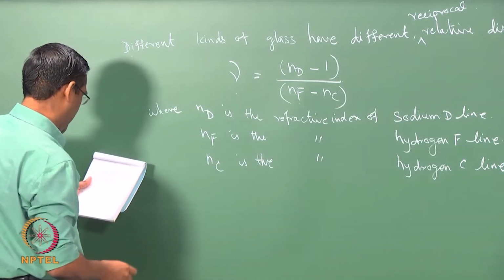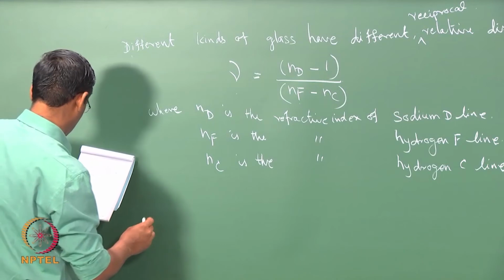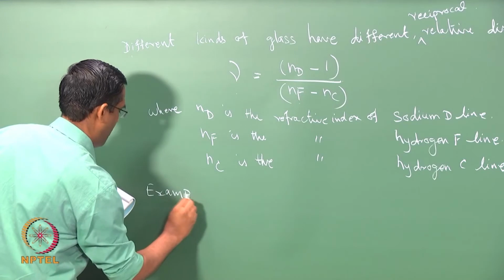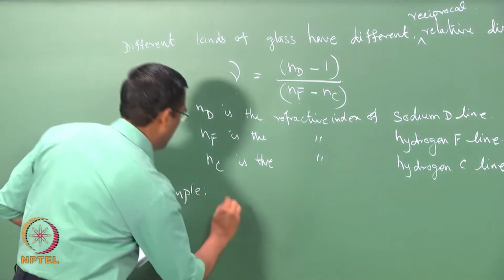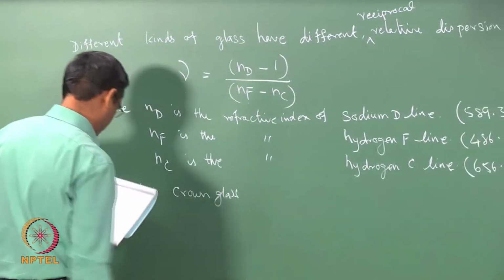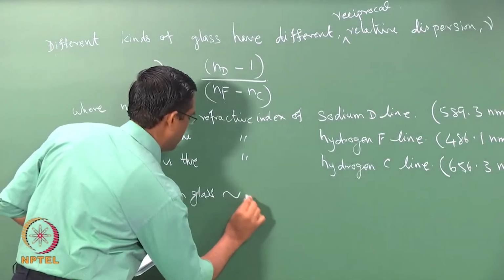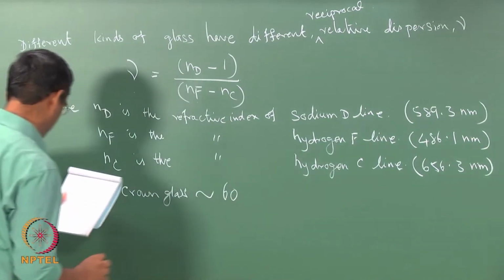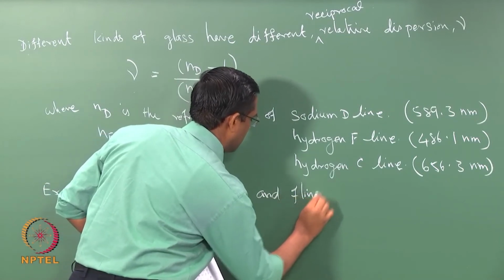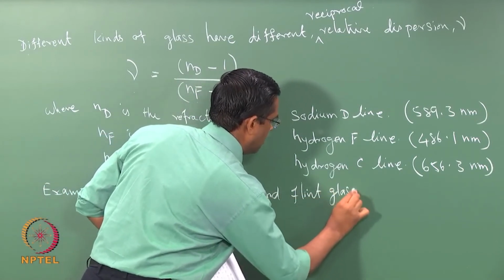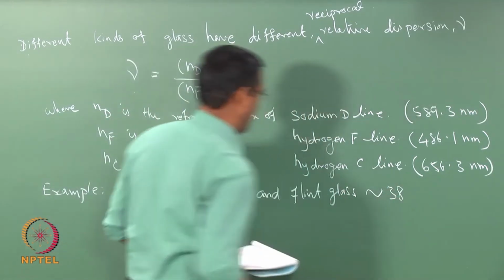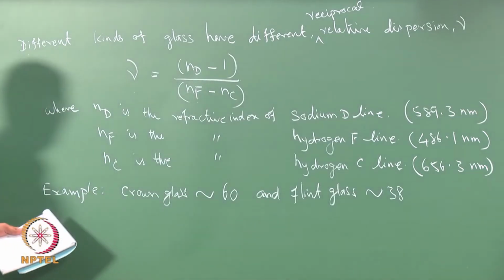For example, you can take a crown glass, which will have a mu value of around 60, and a flint glass will have a value of 38.